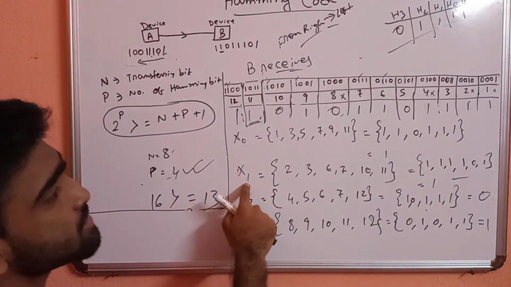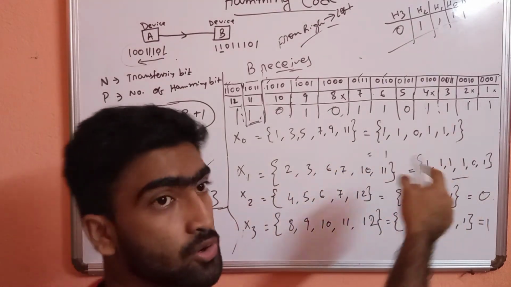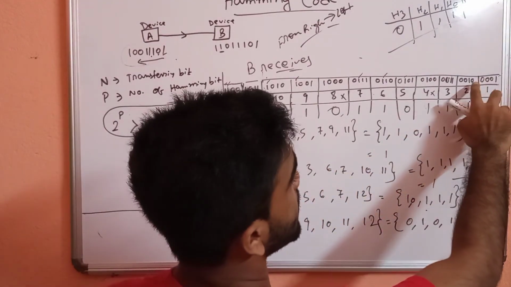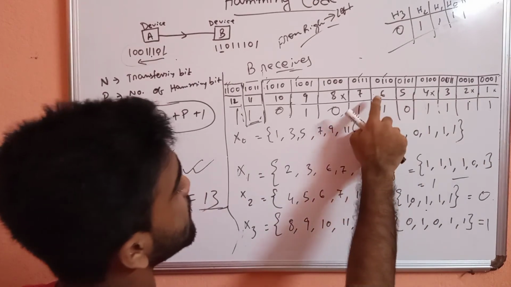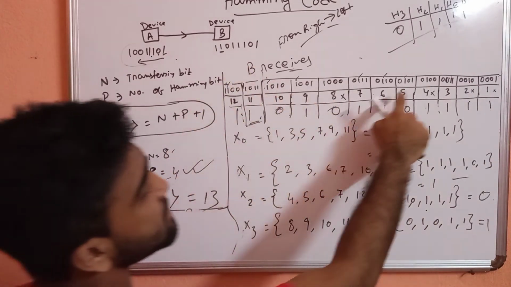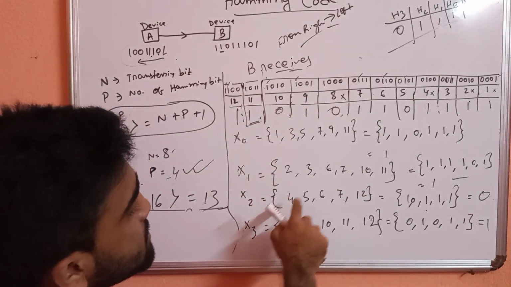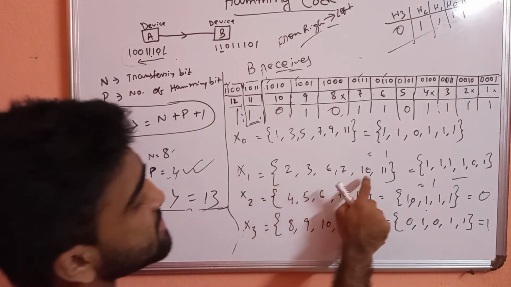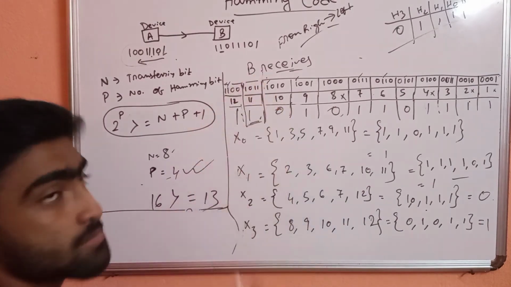Same here, x1 means we will choose all the numbers whose second bit is 1, like 2, 3, 6, 7, sorry, 2, 3, 6, 7, 10, 11. The second bit is 1.